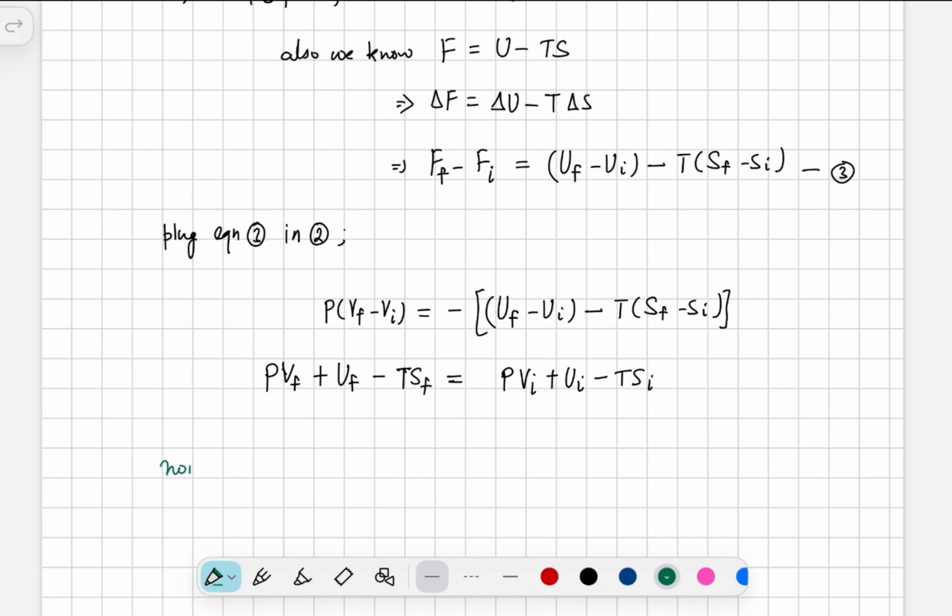Now introduce G, which is a thermodynamic function, because it is dependent on the thermodynamic variables.